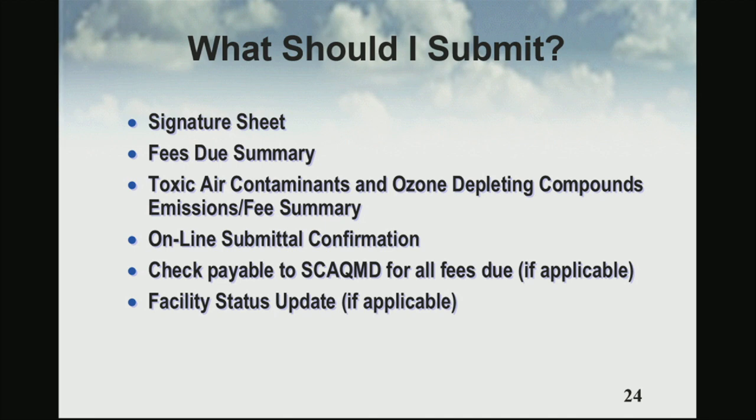If you fill out this form, at least the staff won't bother you asking what happened, how come your emissions dropped so drastically. We would know, for example, that your facility was shut down for 6 months that year, or this equipment was not operated for any reason that you want to relay to us. That form is a good form to use. If you use this form, make sure to include it in your package.